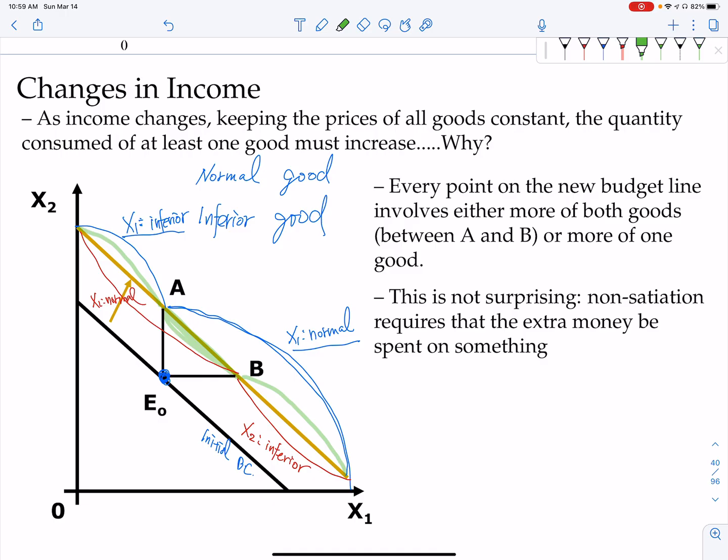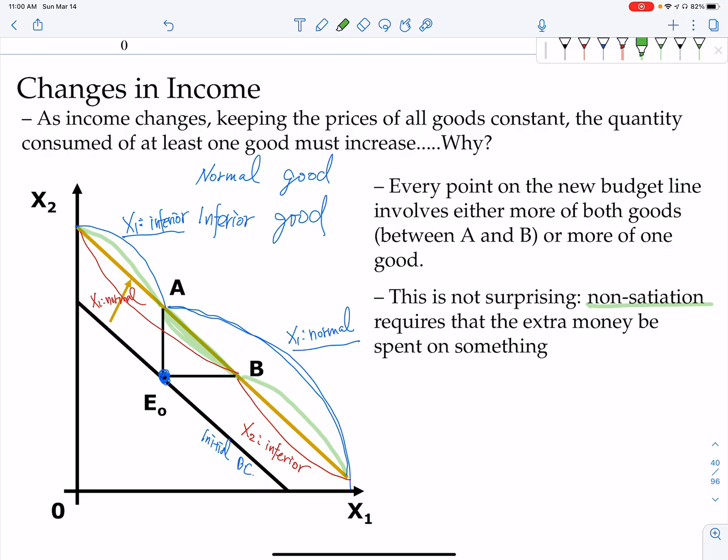Can we think of the case where both of them are inferior goods? No, that's not possible because of non-satiation, you cannot have it. With non-satiation, you end up spending all your money, right? But for X1 and X2 both to be inferior goods, you need to decrease the consumption of X1 and X2.